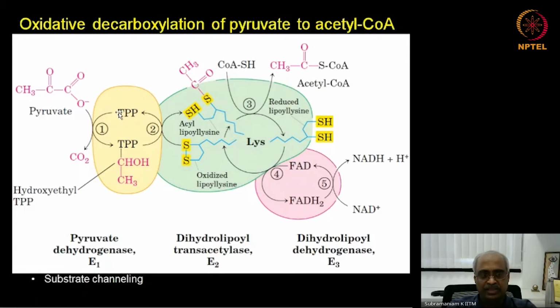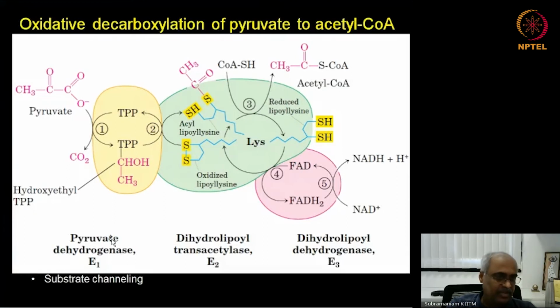This thiazolium ring has one carbon that is weakly acidic, therefore it readily becomes a carbanion, and that makes a nucleophilic attack on this carbonyl carbon, and that is how these two carbons are taken in the form of an activated acetaldehyde on thiamine pyrophosphate, that is, this hydroxyethyl TPP. So this we already know from the pyruvate decarboxylation reaction mechanism.